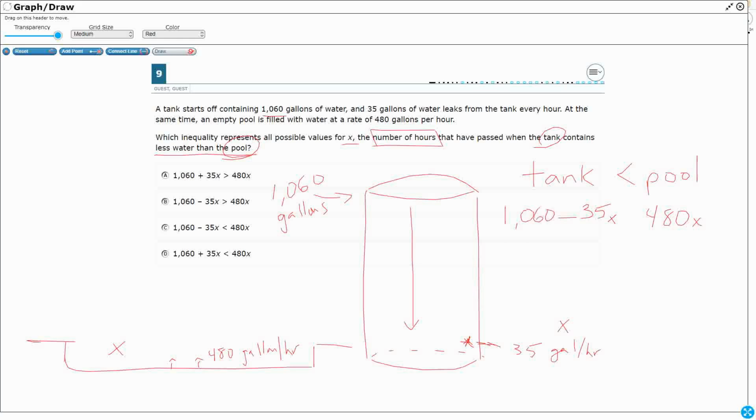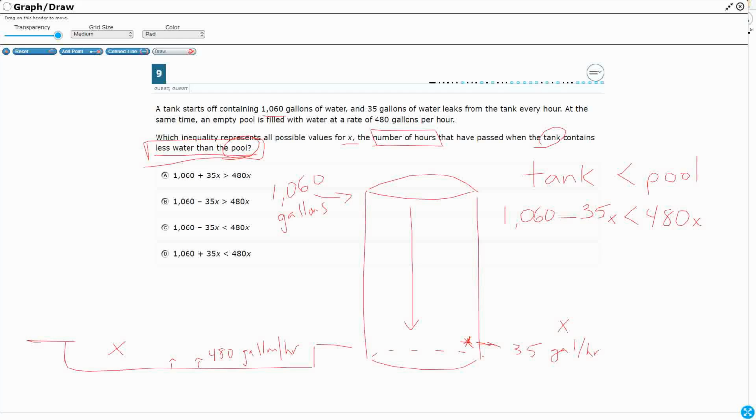I'm thinking it's going to look like this. We start with 1060, we take away 35x, 35 every hour, and we want that to be less than the pool, which is increasing at 480x, but it's starting at empty. It's starting at 0, and it's moving up.